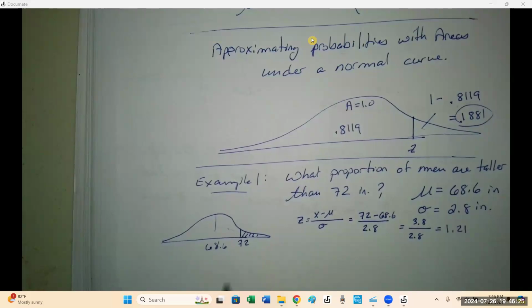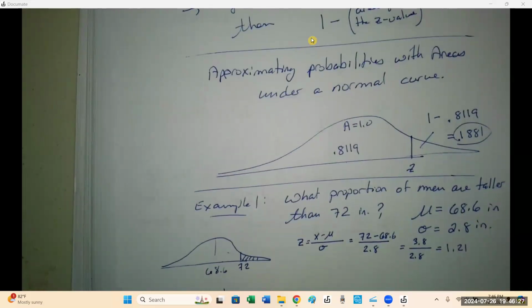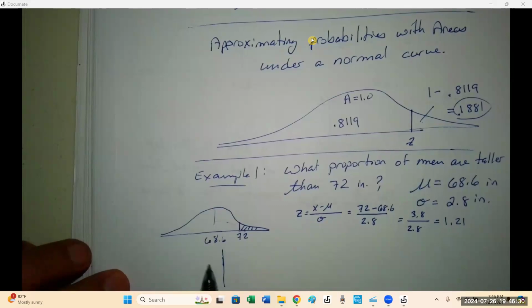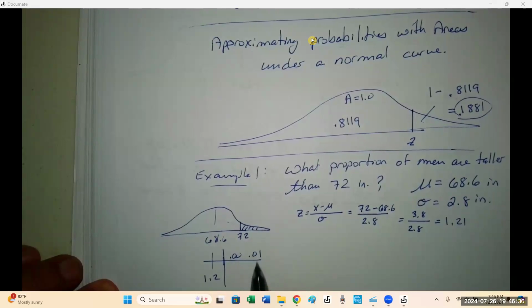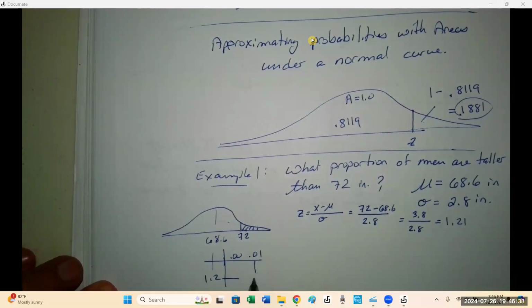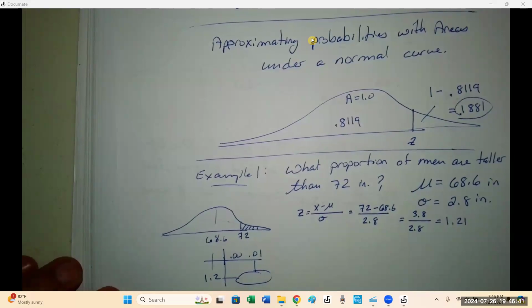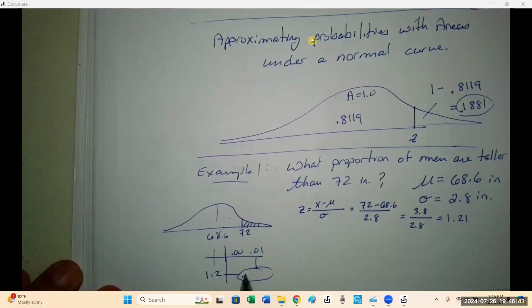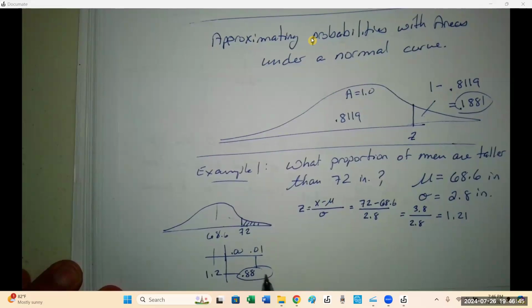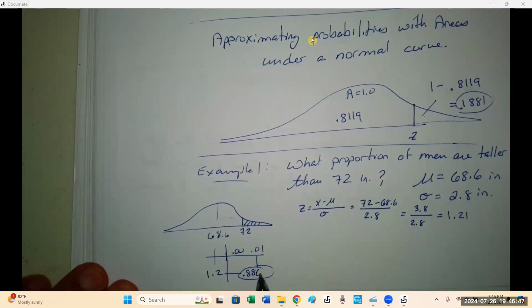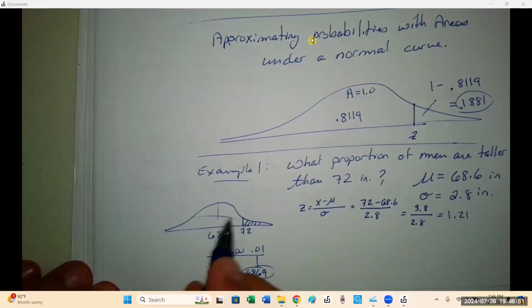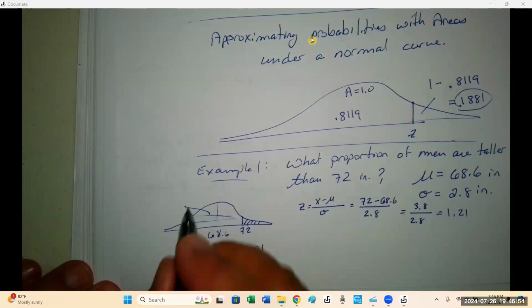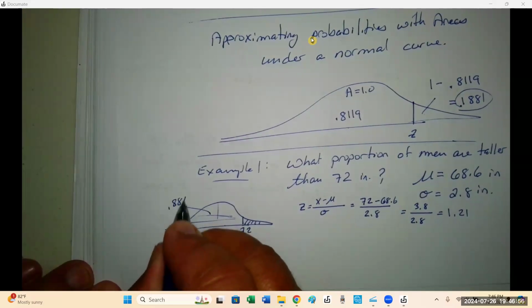So looking at our chart, we go down to 1.2, then 0.01, and where they overlap, we get 0.8869. So that says the area to the left of it is 0.8869.